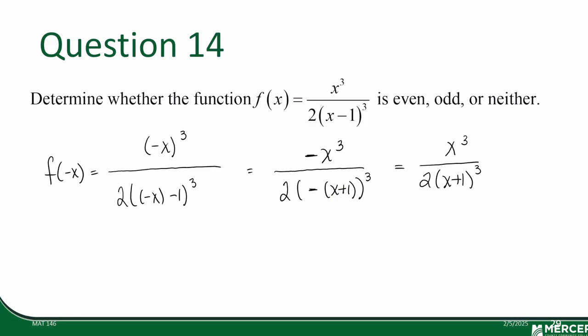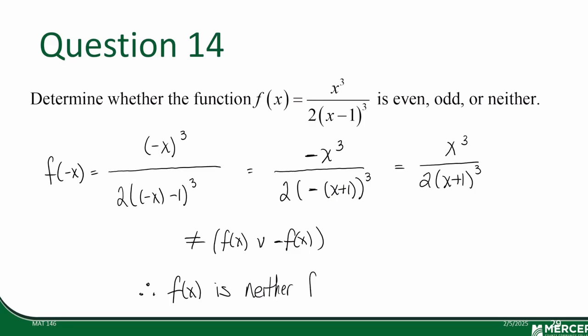Is that f of x? No. Is that negative f of x? No. All right, so it doesn't equal either f of x or negative f of x. So wait, can you show me how it would look if it was negative?